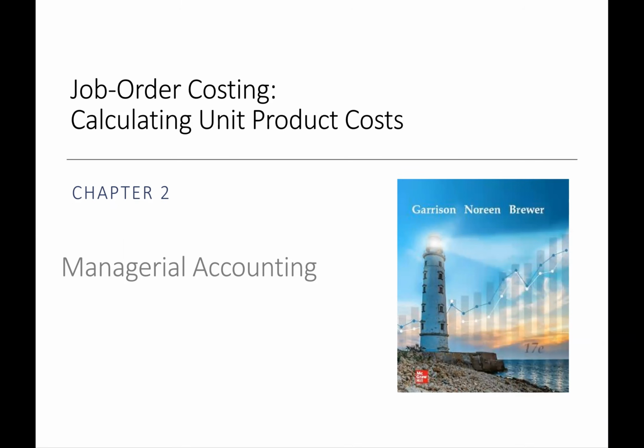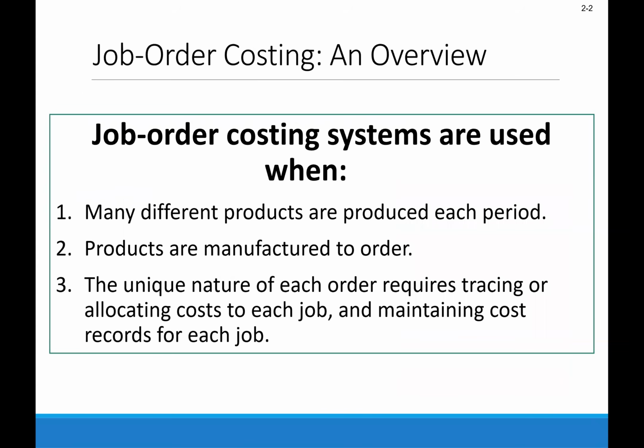Okay, so what is this? Job order costing for companies is primarily used when companies manufacture various types of products each period, and they're very unique and specified products, produced specifically for certain customers.